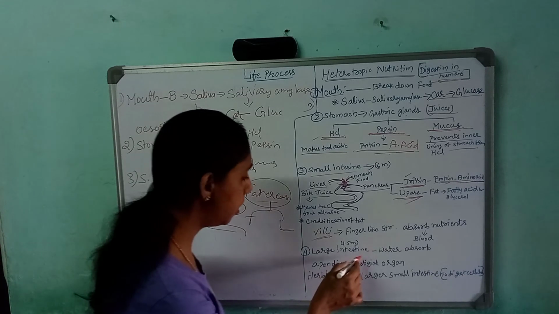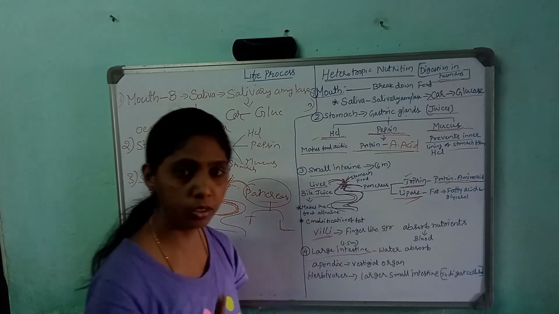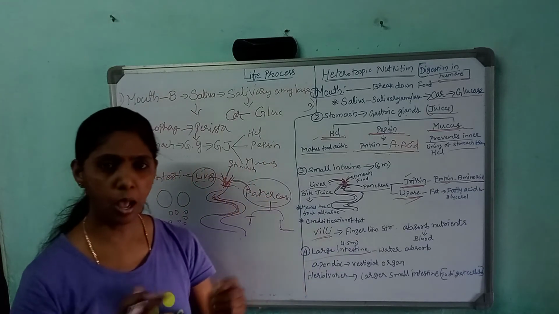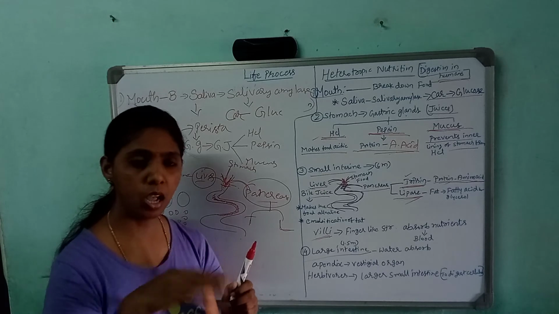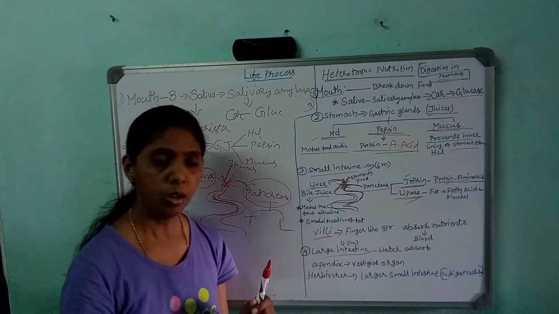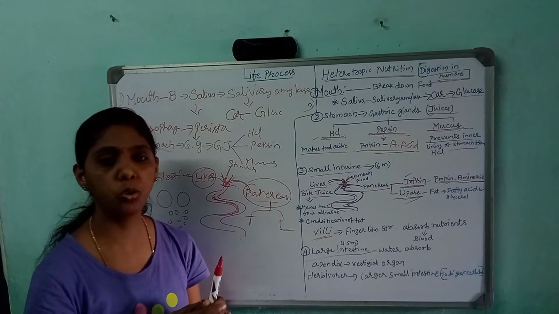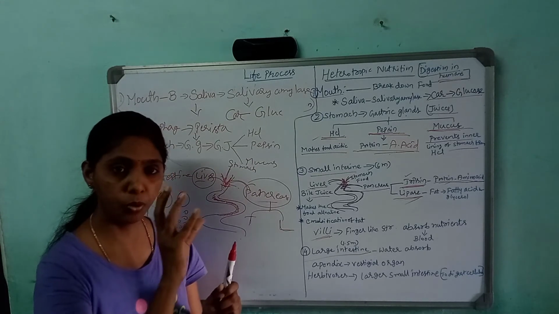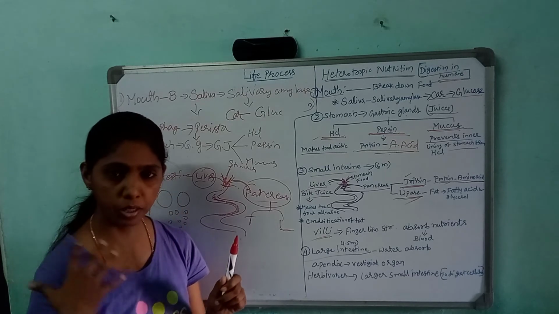Then come to the large intestine, which is 1.5 meters in length, I told. After absorbing all the nutrients, the undigested waste material will go to the large intestine, the food which isn't required by the body.